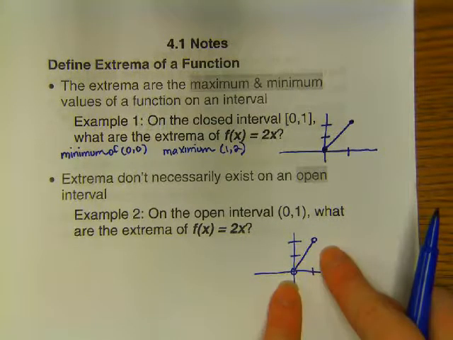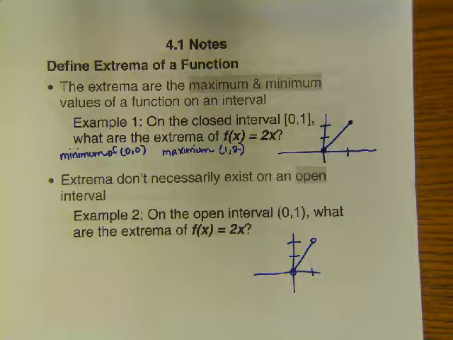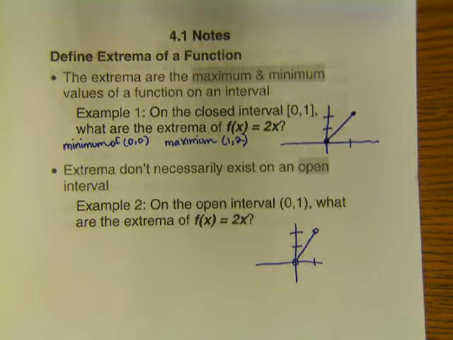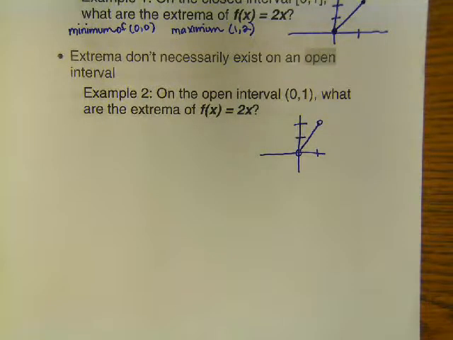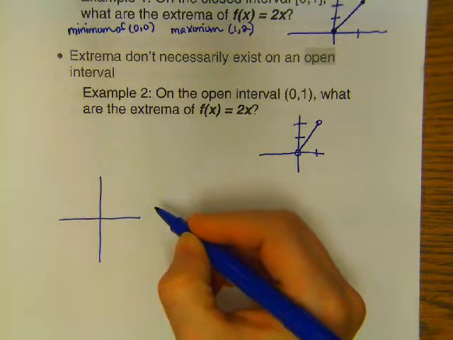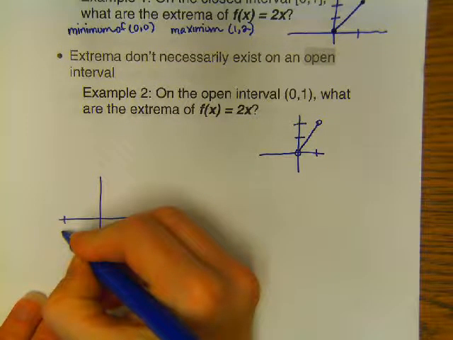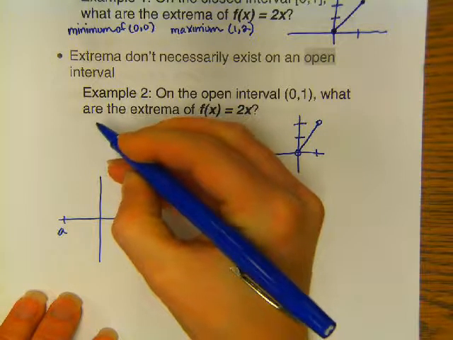Okay, so one thing that I want to show you then is a couple pictures of some open and closed intervals to demonstrate this. Alright, so let's say I had A to B and it was a closed interval, and I had a function that went something like this.